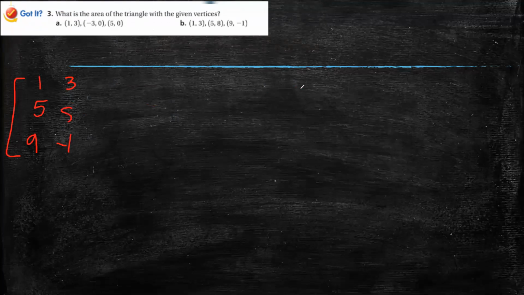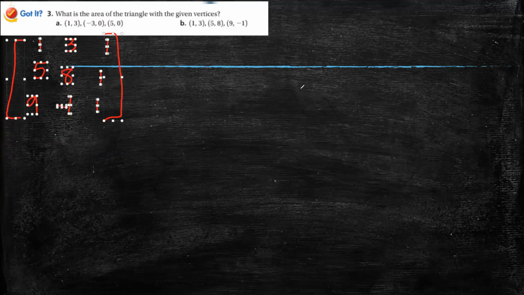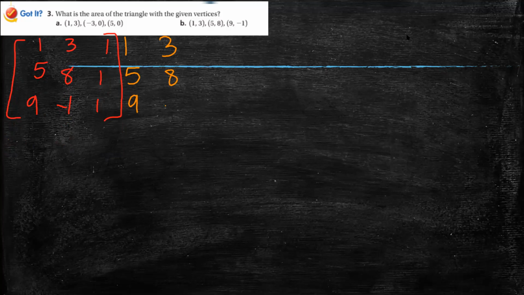Then add 1, 1, 1. Then its determinant will be: copy the first two numbers here. 1, 3, 5, 8, 9, negative 1. Then let's find the determinant.